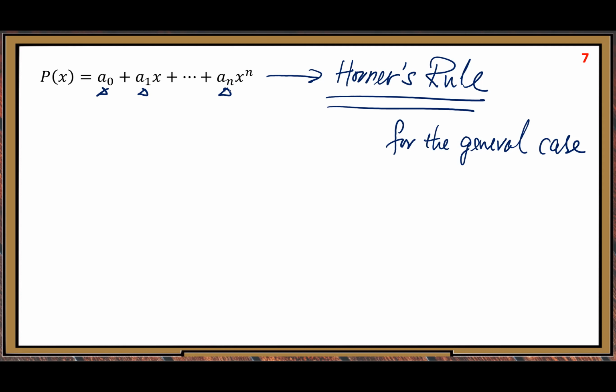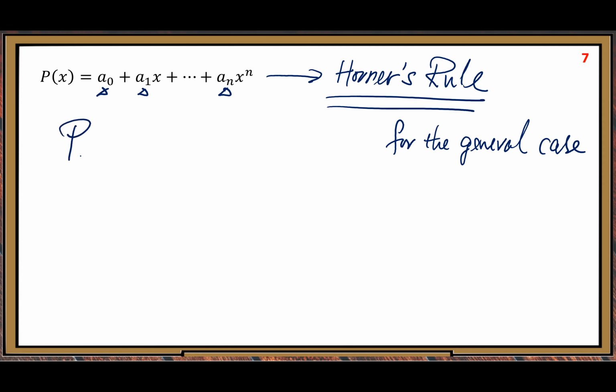But when we have a special case, Horner's rule may not be the fastest, because on the special case, we can do faster than Horner's rule. Here we consider the special case. Look at this.